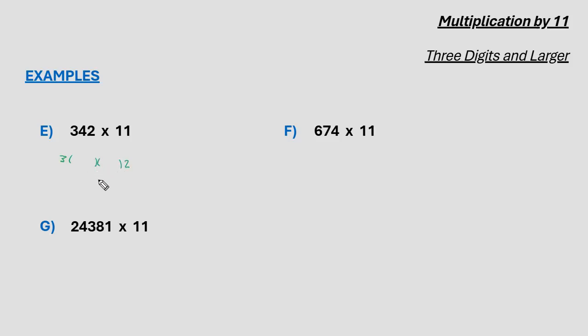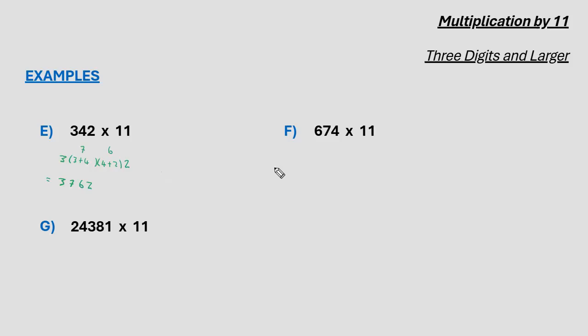We do two pairs of brackets, and we do 3 plus 4 and 4 plus 2. 3 plus 4 gives us 7, 4 plus 2 gives us 6. And this gives us the answer to 342 multiplied by 11, 3,762.